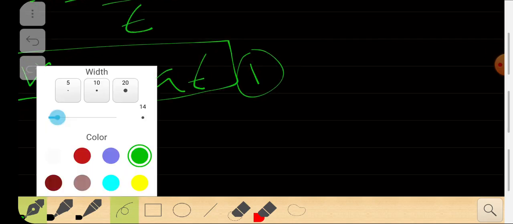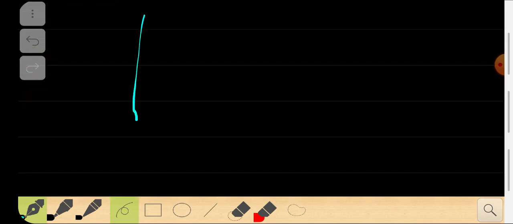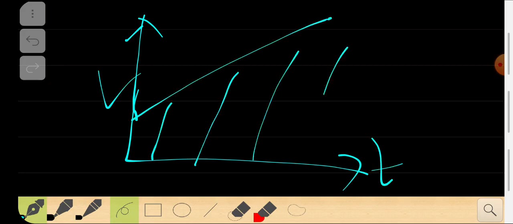Now I've already told you that if you take the velocity versus time graph, it will look like that for our equation. Now the area under the curve gives you the total displacement covered.